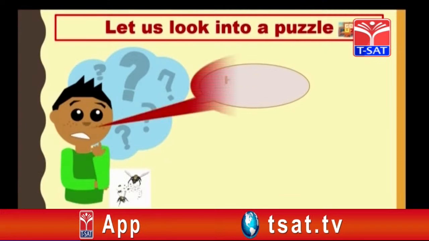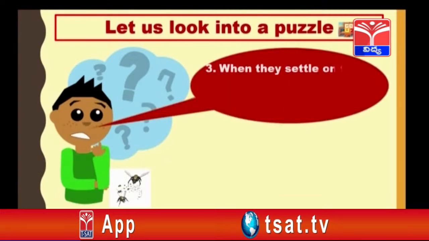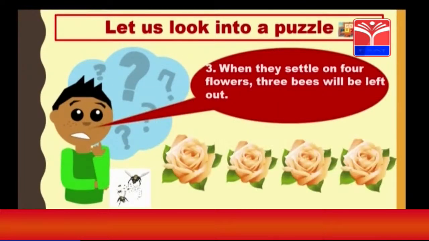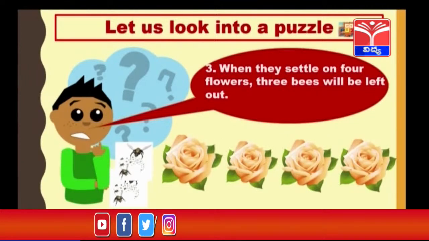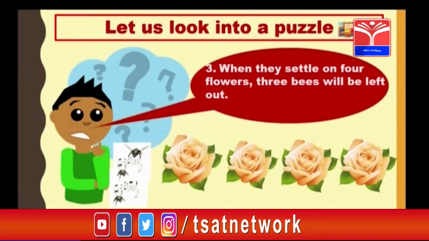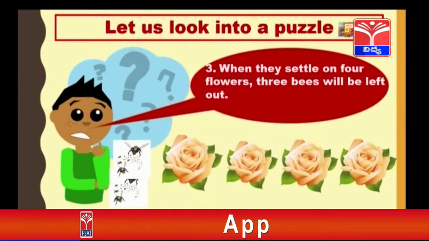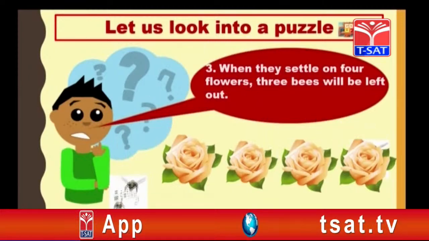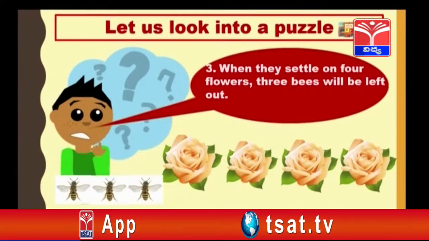In the third hint, when they settle on four flowers, three bees will be left out. So there are four flowers, and an equal number of bees settle on the first, second, third and fourth flower, then three bees are left out.